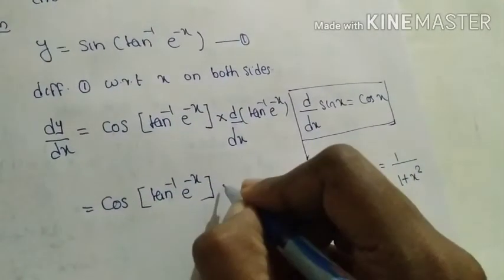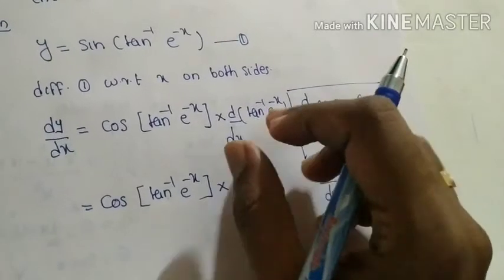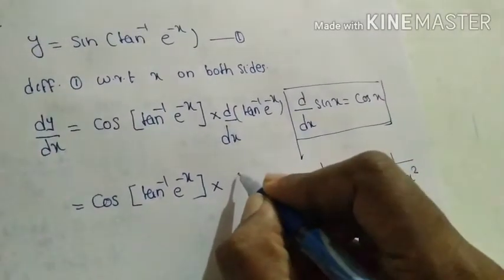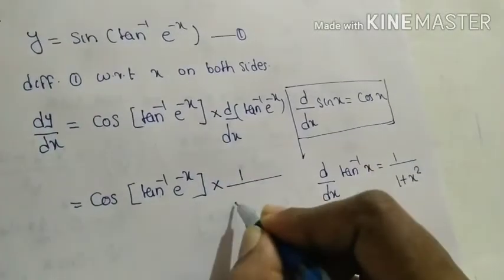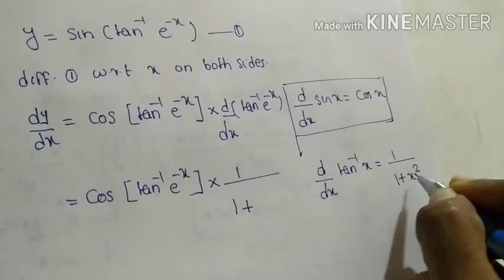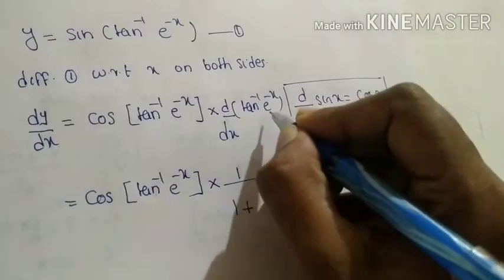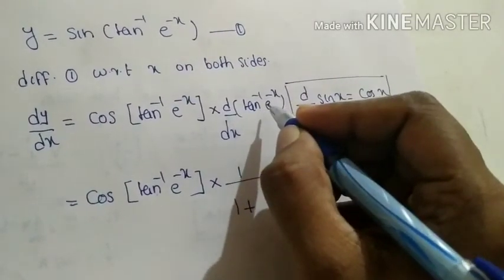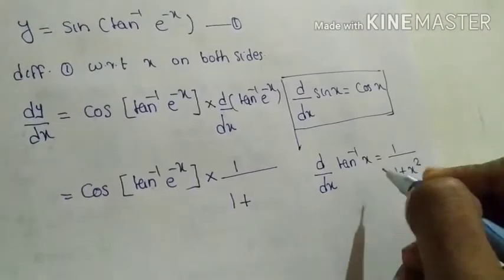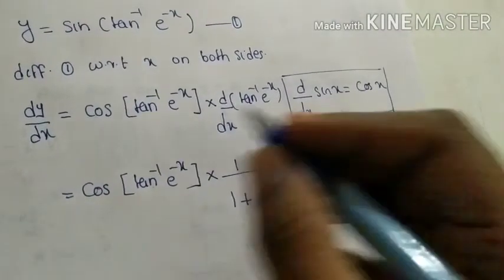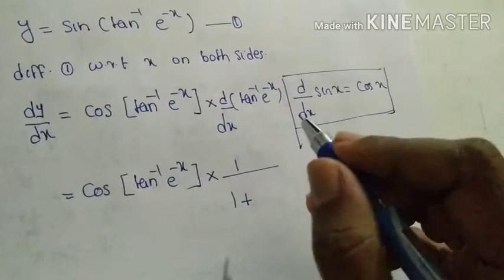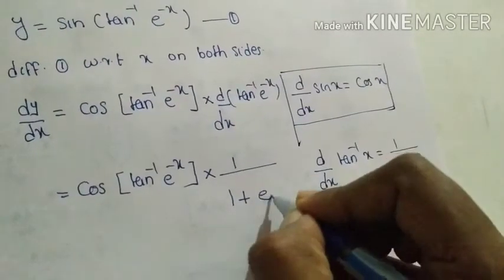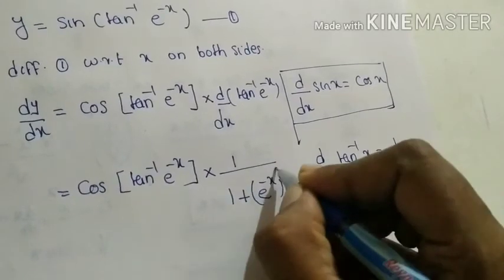So I write here first into derivative of tan inverse of e raised to minus x is 1 divided by 1 plus, here x is replaced by e raised to minus x, because we need to calculate the derivative of tan inverse of e raised to minus x, not x. Okay. So here x is replaced by e raised to minus x whole square.